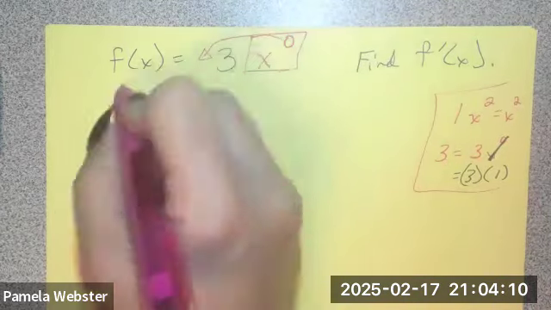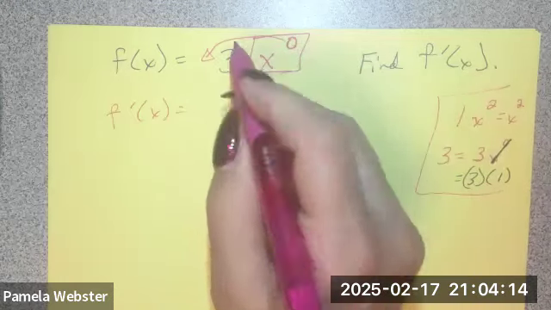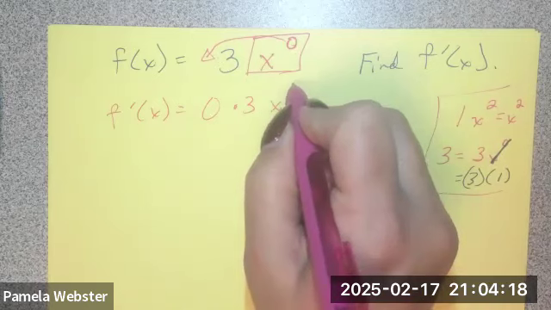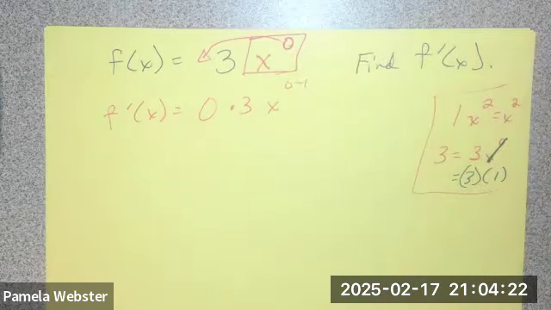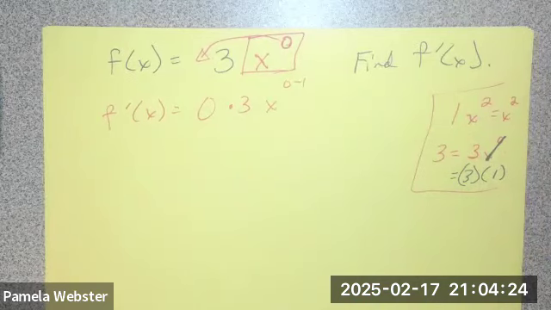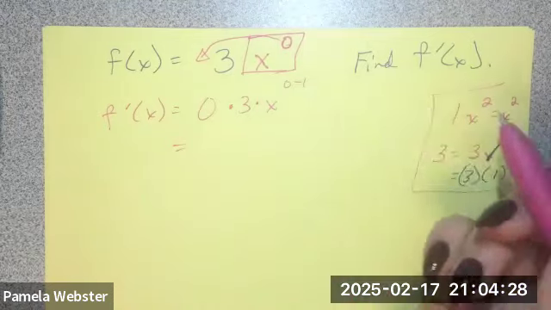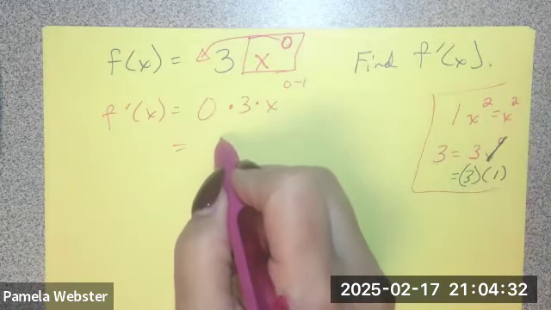Because if I went to take this derivative, f prime of x equals, I would pull this exponent down times the 3. That would be x to the negative 1. Who cares about that? Because out here in the very front, we're multiplying by 0, right? And what do we know about multiplying by 0?